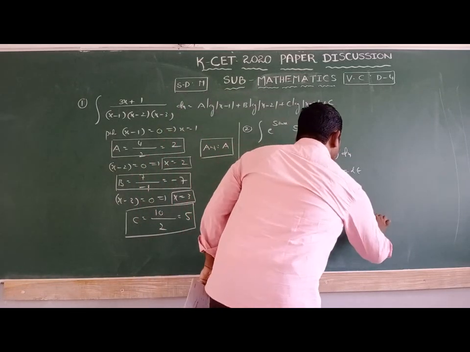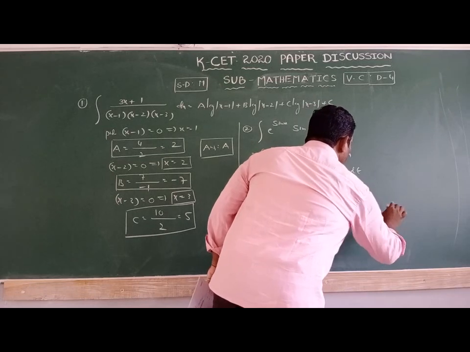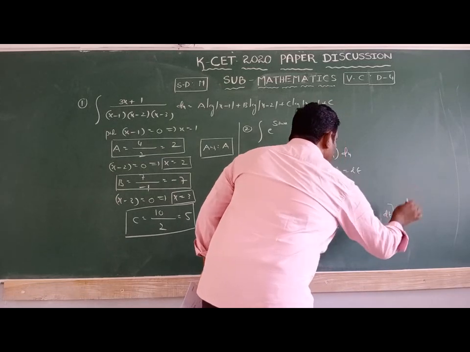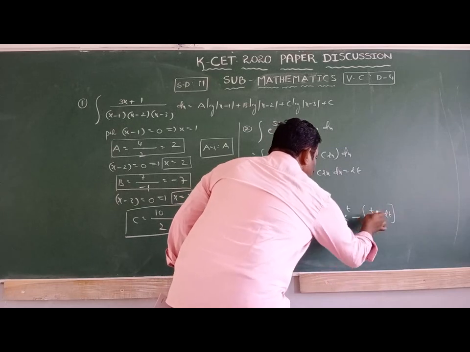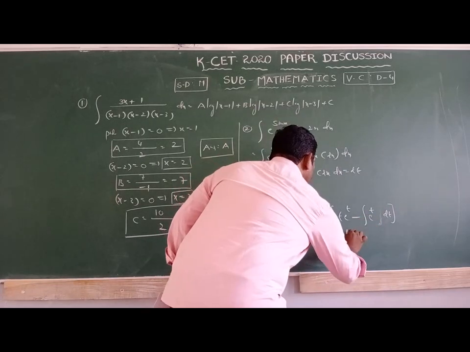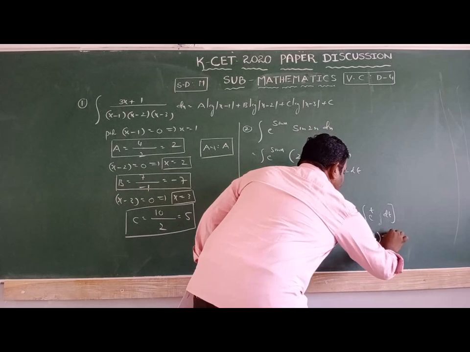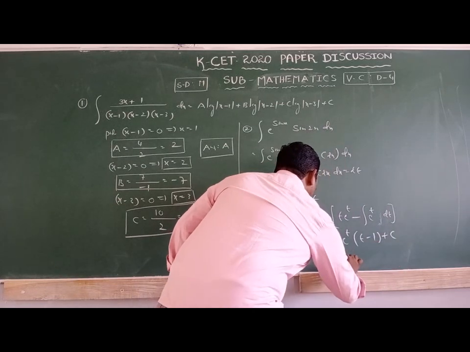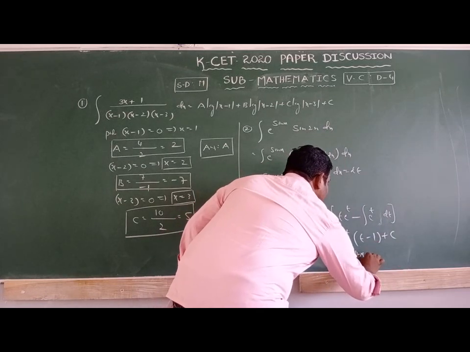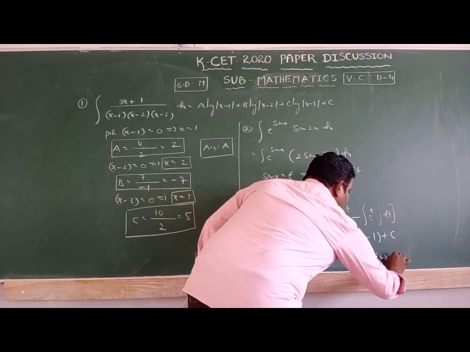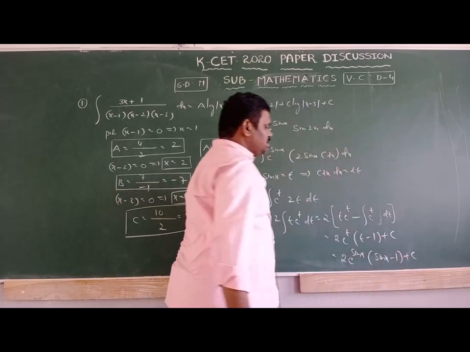That is 2 into e power t times (t minus 1) plus c, which is equal to 2 into e power sin x into (sin x minus 1) plus c, okay?